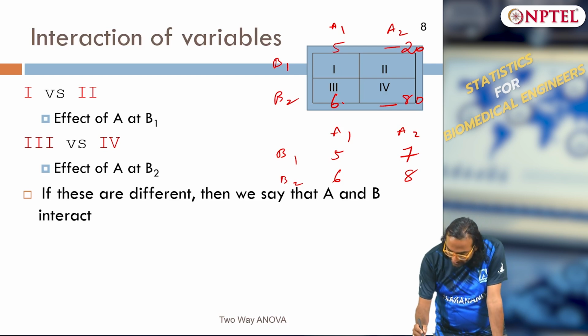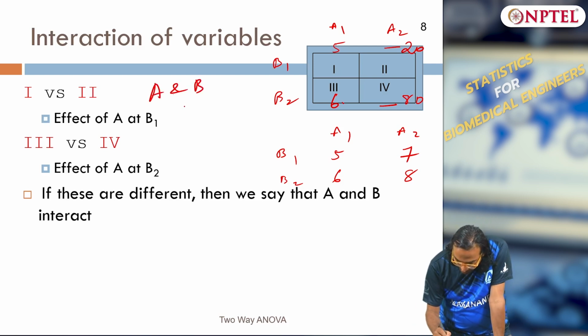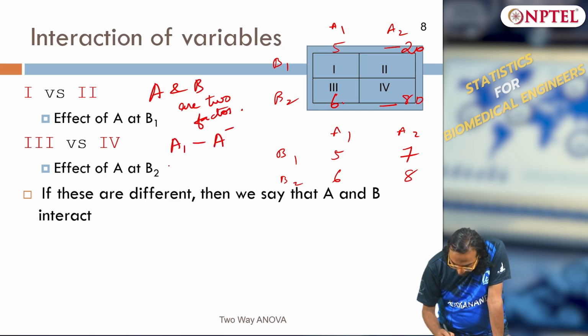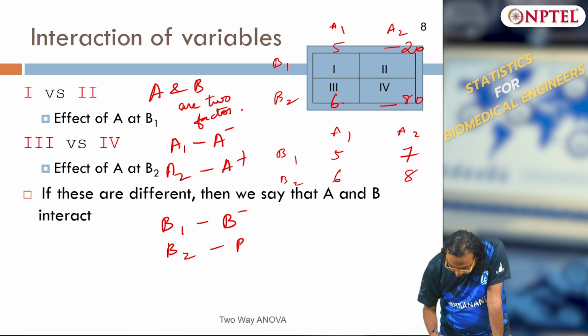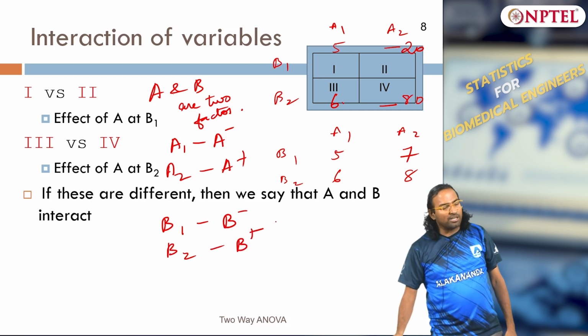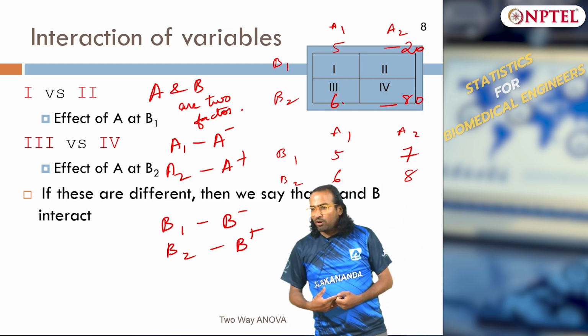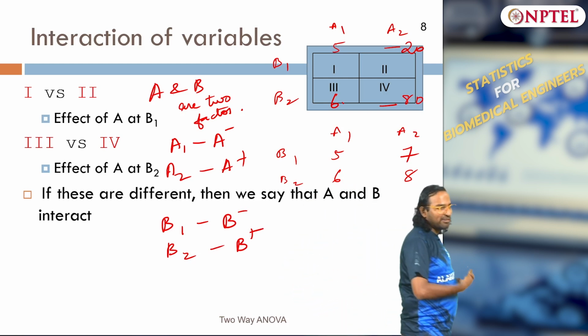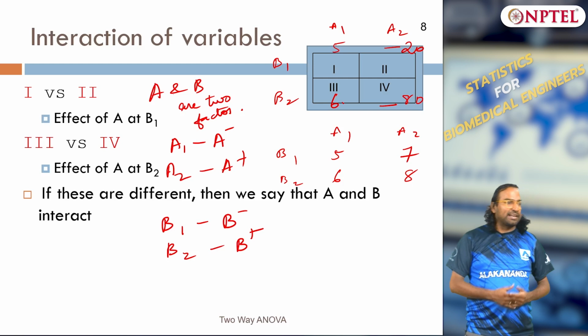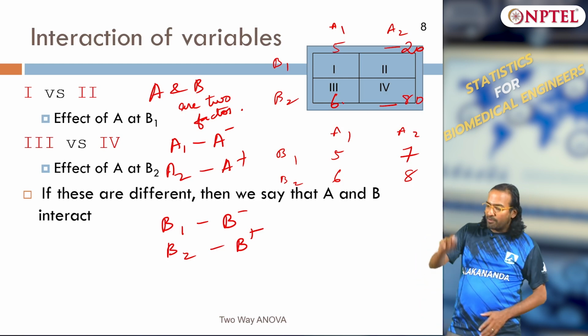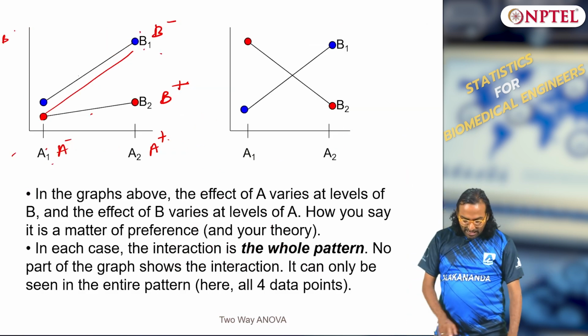The two factors are A and B. A1 is A negative, A2 is A positive, B1 is negative, B2 is B positive. B positive is B at high level, B negative is B at low level, A negative is A at low level, A positive is A at high level. So, there are 4 data points here. In this graph, how many data points do you have?